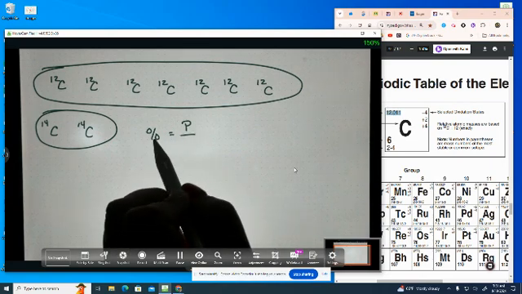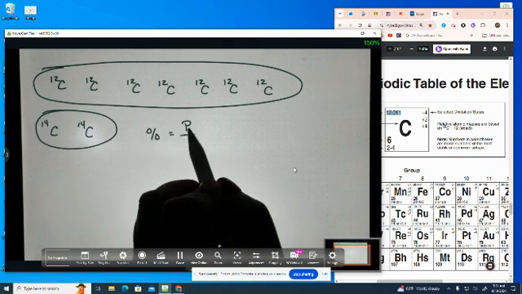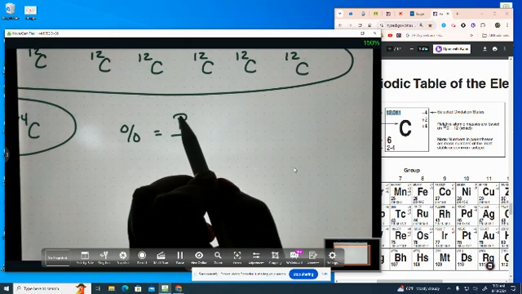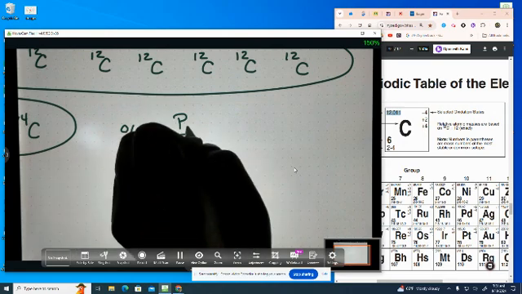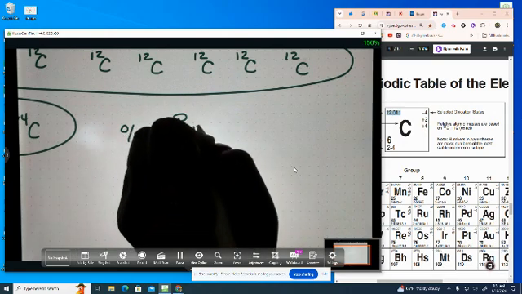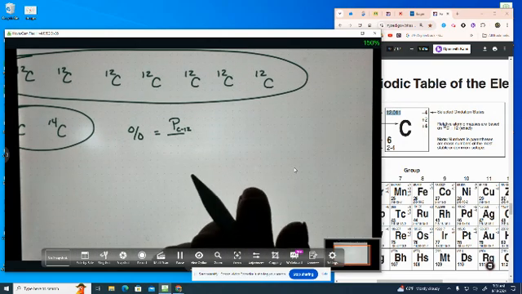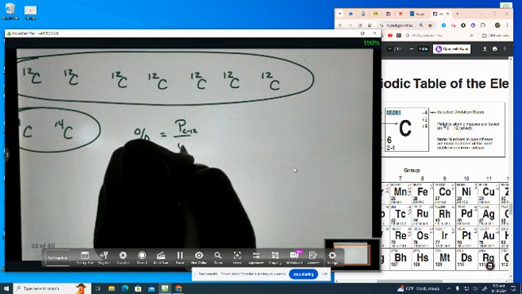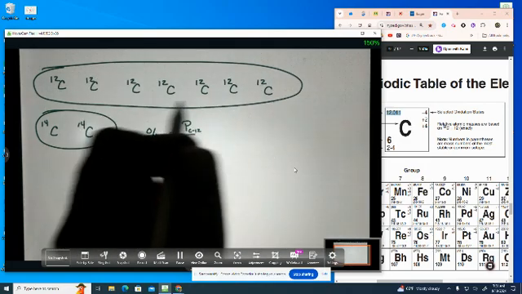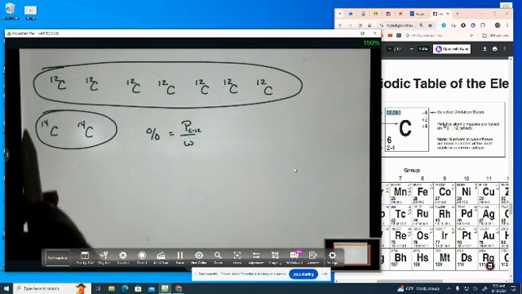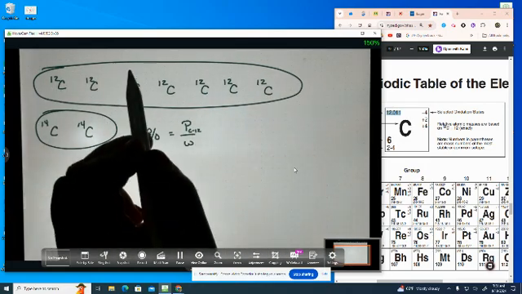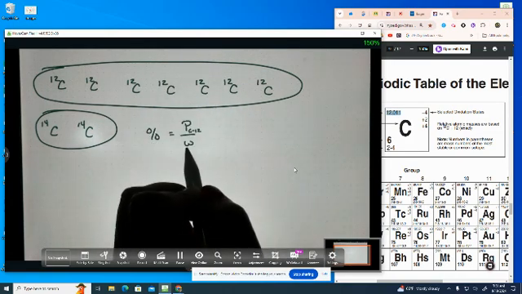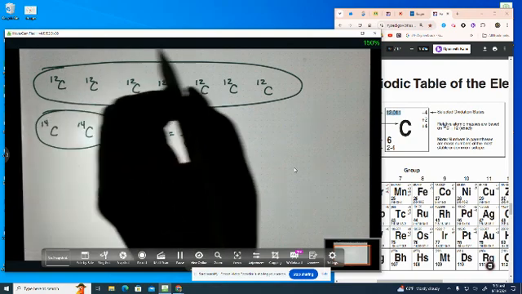So if this is percent of carbon 12, then this P stands for the number of carbon 12s that we have. So I'm just going to put a carbon 12 down here just so we remember that we're doing the carbon 12. And then the bottom number is going to be whatever you have the total of. And in our case, it's going to be 9. You see that? So I have 7 carbon 12s and 9 as my entire thing.